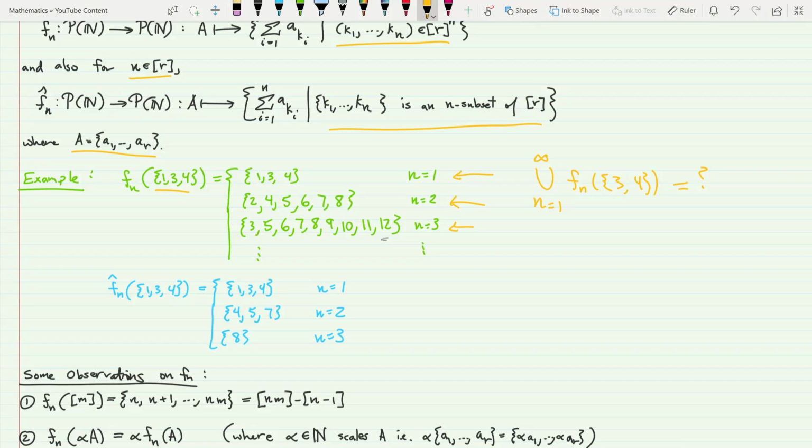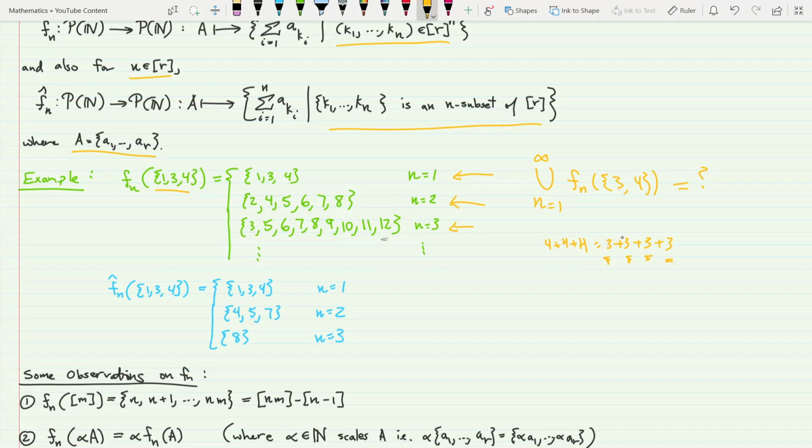Because 12 can be thought of as 4 plus 4 plus 4, but that's the same thing as 3 plus 3 plus 3 plus 3. And if you want to then get 13, you just take one of the 3's and replace it with a 4. And then how do you get 14? Well, you take another 3 and replace it with a 4. And so on. So you replace all of them, and you'll be at 16.